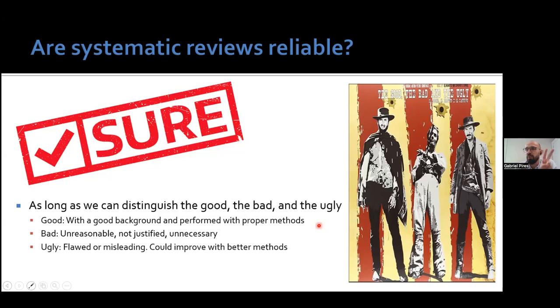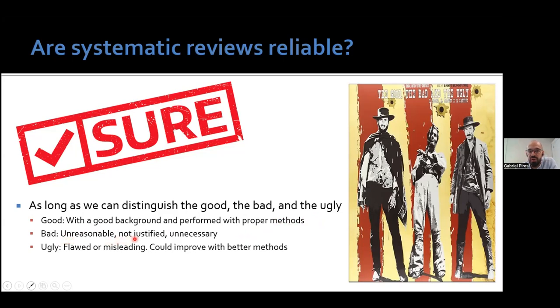If I have 2 people who know everything about systematic reviews, but don't understand anything about sleep, that will be misleading, that will be bad. If I have 2 very experienced sleep researchers, but they know nothing about systematic reviews, they will struggle to implement the proper methods. So the good ones are those that we should look for, but there are the bad ones, those that are unreasonable.